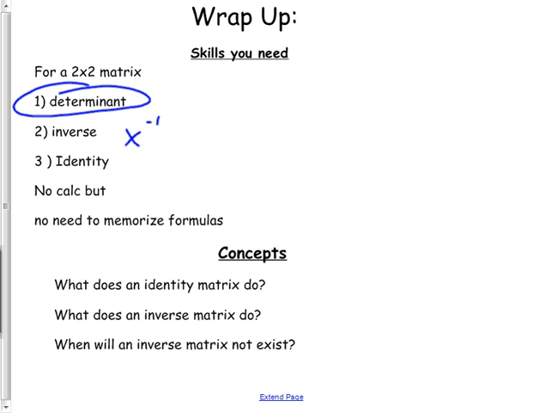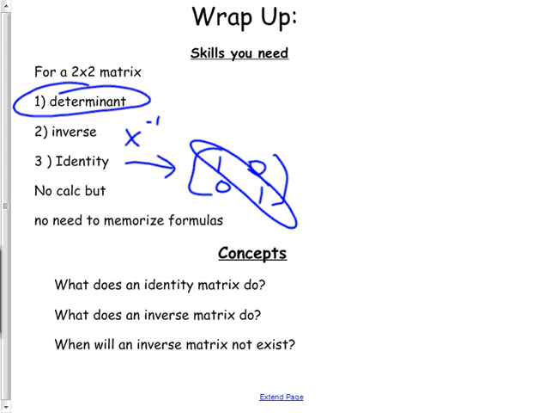Okay. The identity matrix. If it's a 2 by 2 matrix, do you remember what it was? 1, 0, 0, 1. That's the identity matrix for a 2 by 2, and of course it's very similar, just has ones running diagonally like this on bigger matrices. No need to memorize formulas.